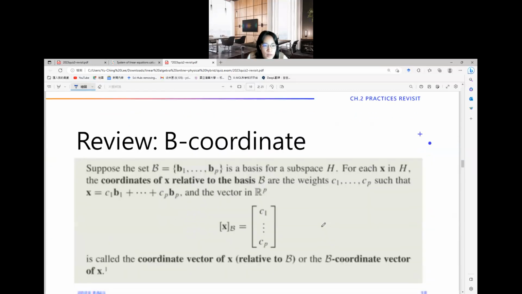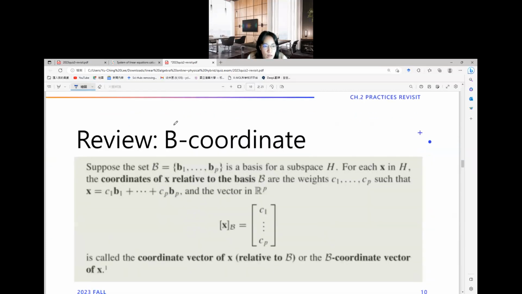What is the B coordinate? It corresponds to a given basis. Suppose I have a capital B that collects B1 to Bp, p vectors.